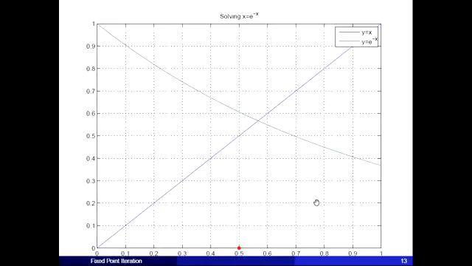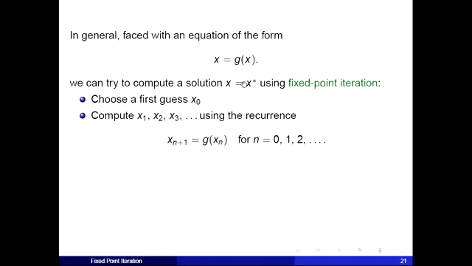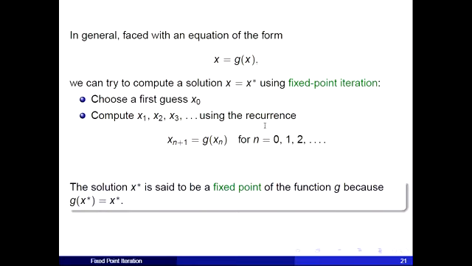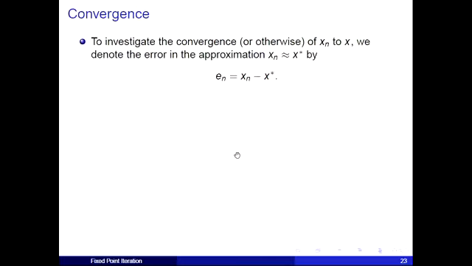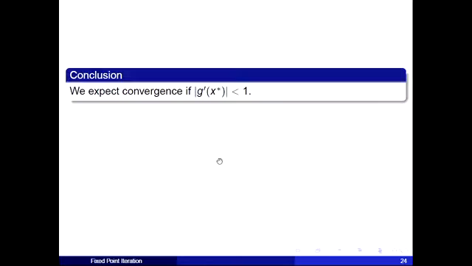In order to get convergence, the derivative g prime at x star has to be less than 1 in absolute value, so it's a contraction. Otherwise it will blow up, because if it's not a contraction, then eventually it can go to infinity.